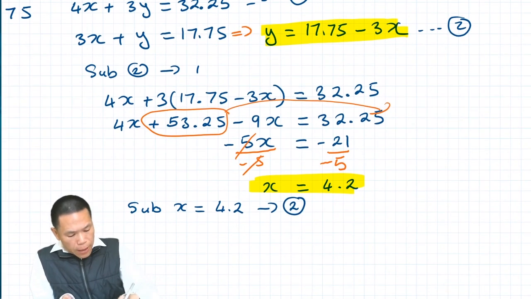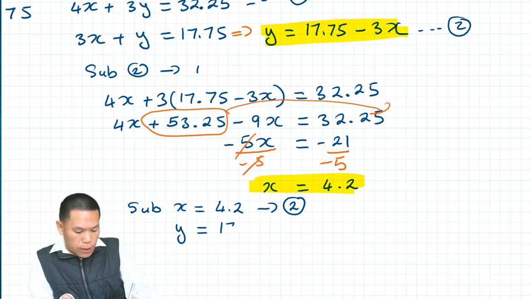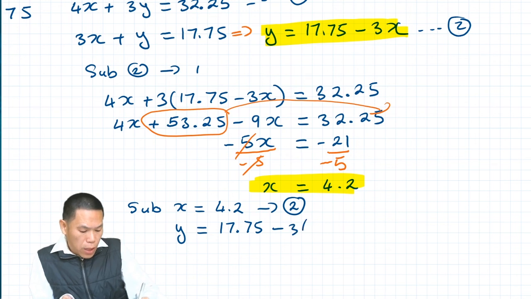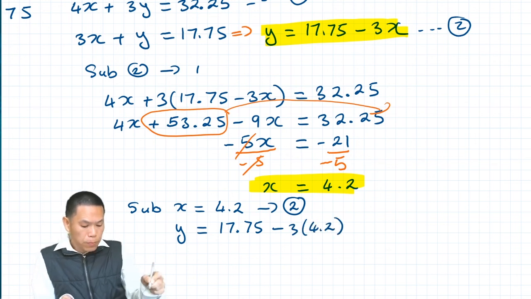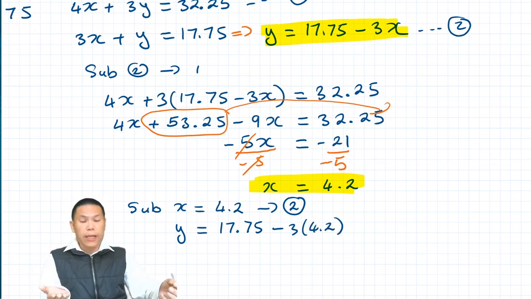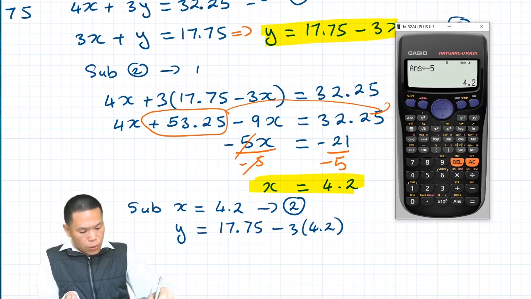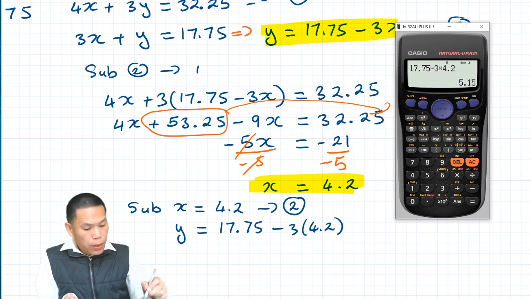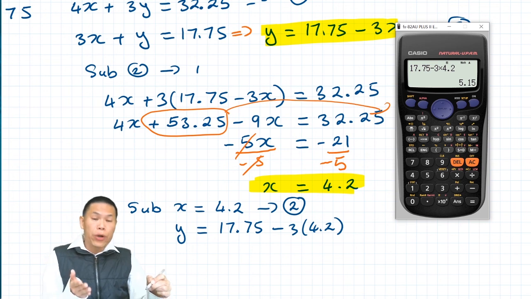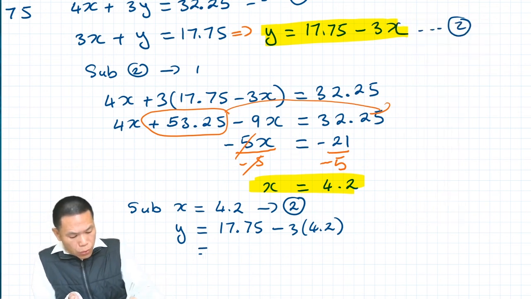So this means that y is equal to 17.75 minus 3 lots of 4.2. So I just put it in the calculator now. 17.75 minus 3 times 4.2 is 5.15.